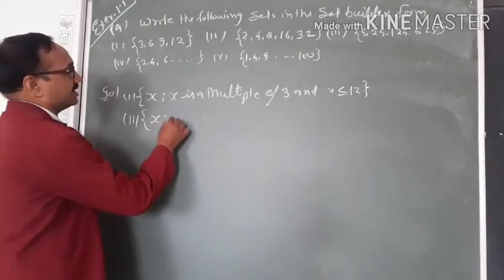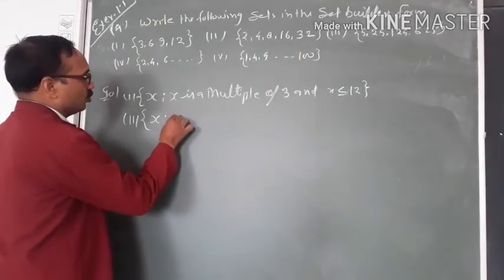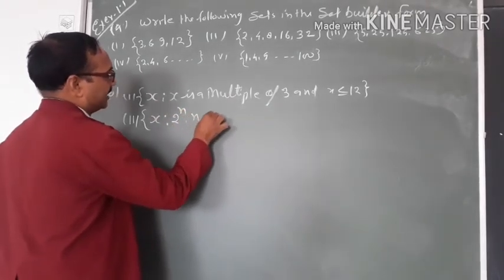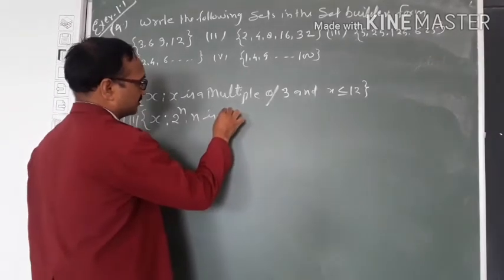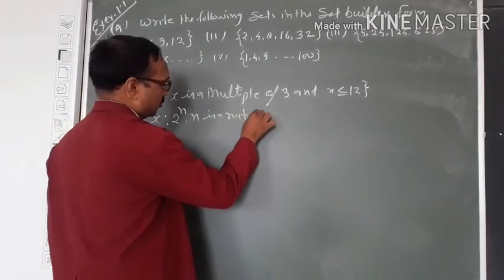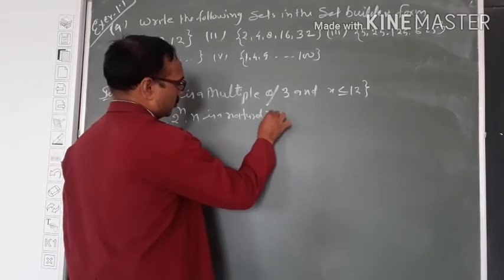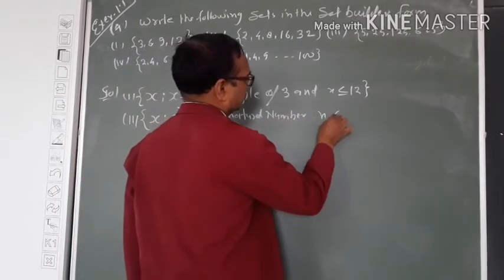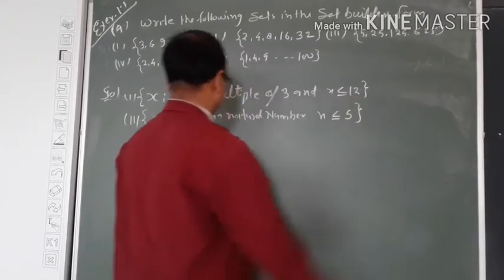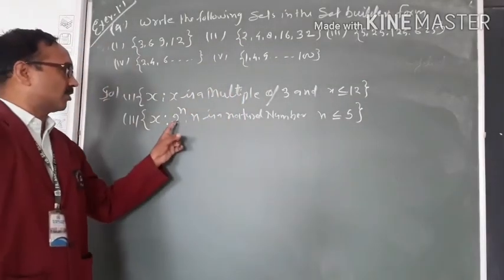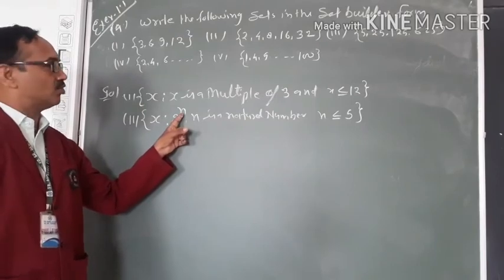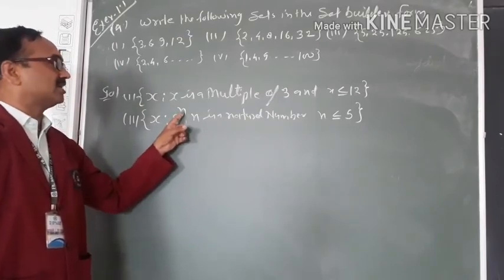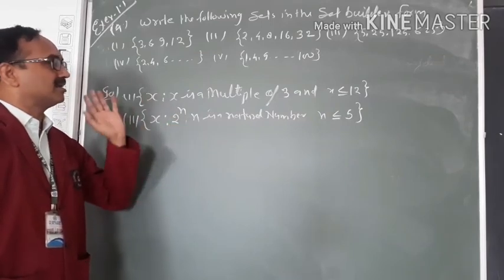So x such that x equals 2 raised to power n, n is a natural number and n is less than or equal to 5. Okay? So when we put n equal to 1, we get 2, n equal to 2, 4, n equal to 3, then 8, n equal to 4, then 16, n equal to 5, then 32.